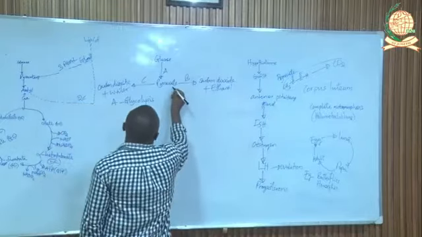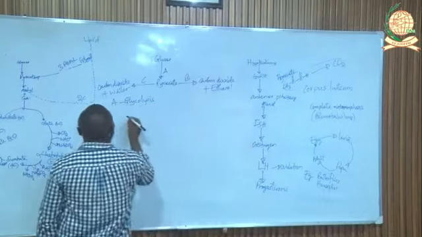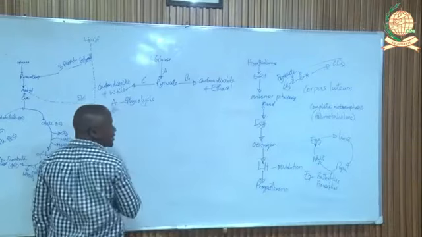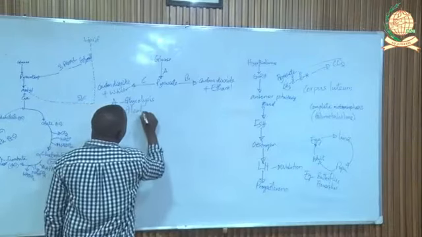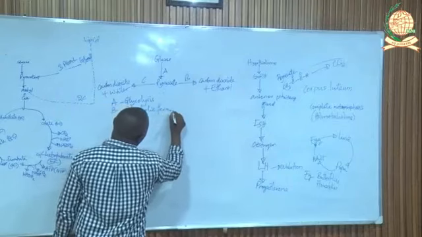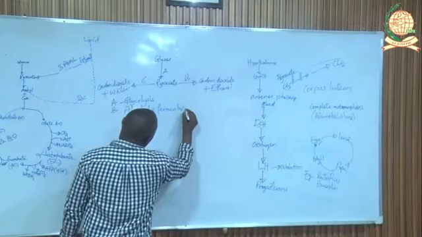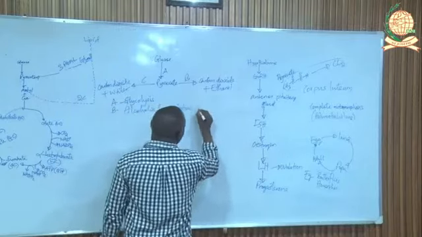B is the conversion of pyruvate to carbon dioxide and ethanol. Obviously, B is alcoholic fermentation, that is anaerobic respiration in yeast.